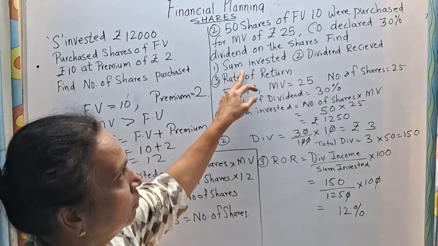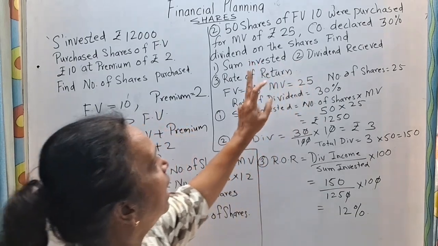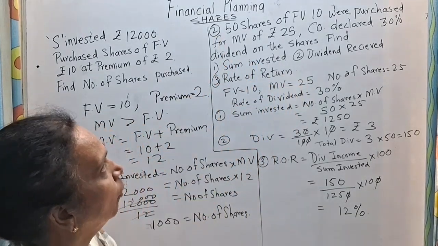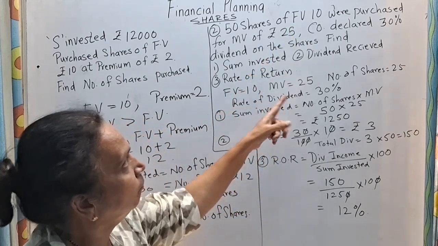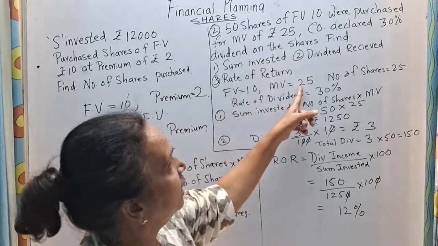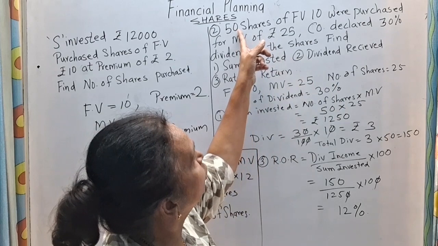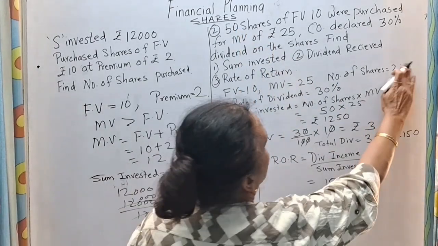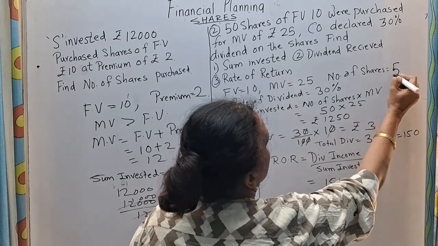Find, they have given you sum invested, dividend received and rate of return. So now how are we going to find out? Face value is 10, market value is 25 and the number of shares is 50.